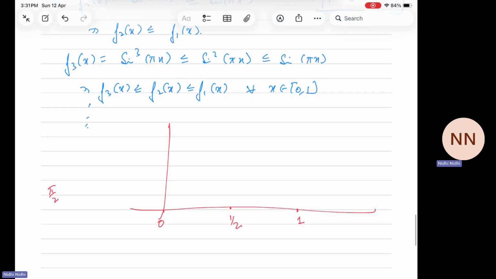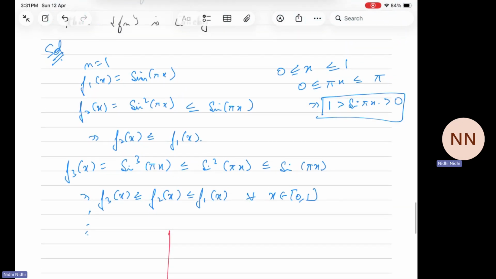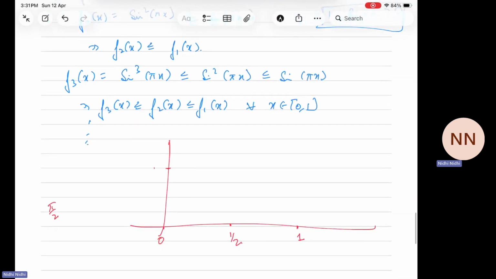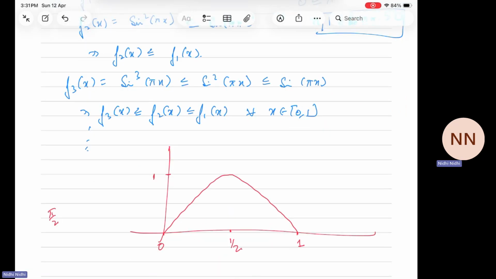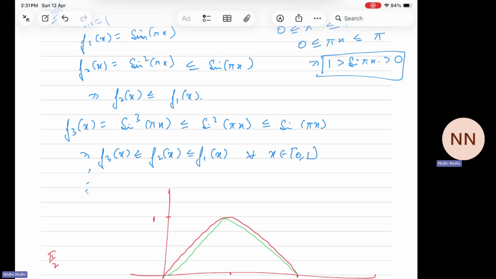Since f1(x) was sine pi x, the graph would be something like this. F2 is sine square pi x, which has values lesser than f1(x) between 0 and 1, and exactly equal to 1 at 1 by 2, because the square of 1 is also 1.